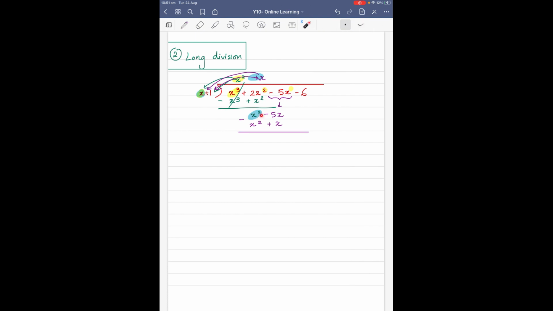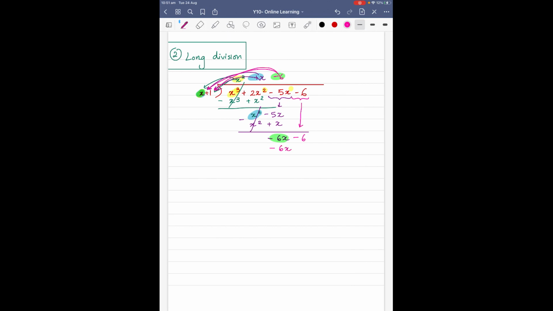So we know x squared minus x squared gives you nothing. Minus 5x minus x gives you minus 6x. We're going to bring down our next term, which is minus 6. So again, something times x has to give you minus 6x. We know minus 6 times x gives you minus 6x.